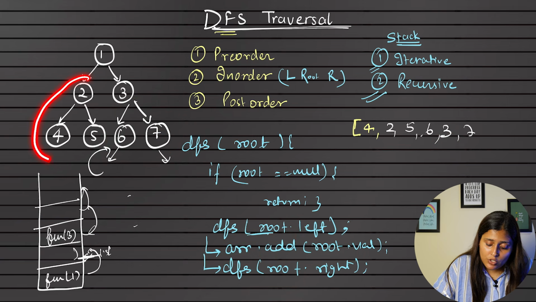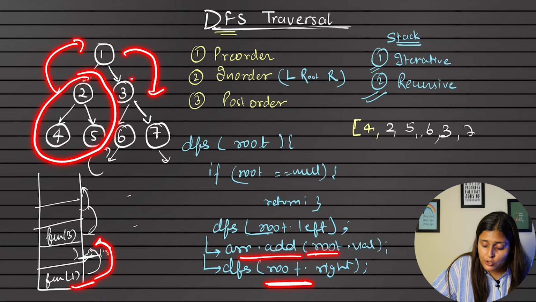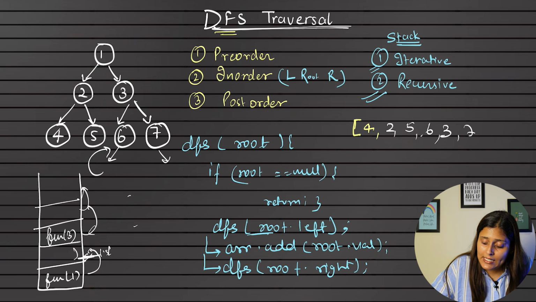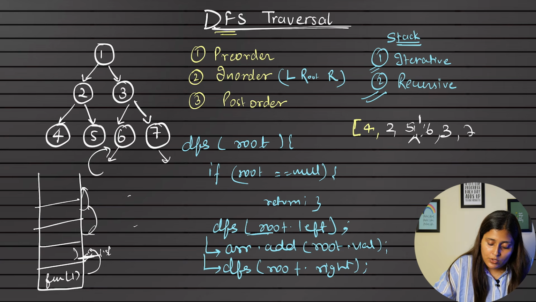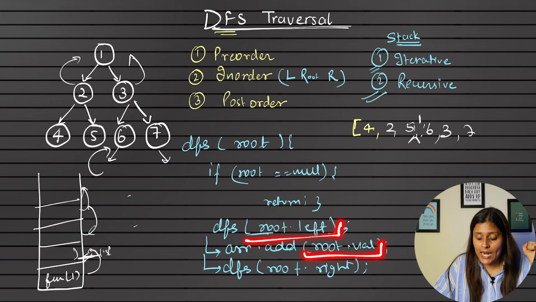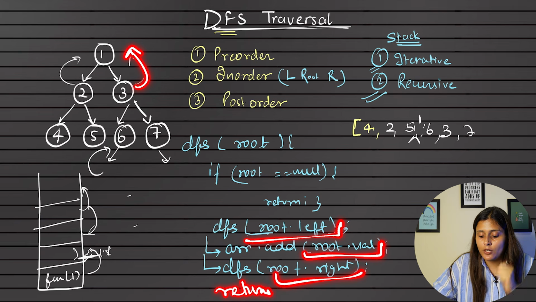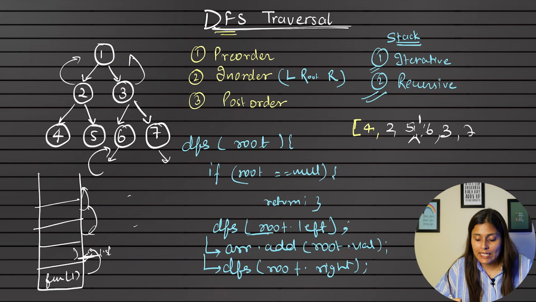And remember when this call returned and we called 1.right, before 1.right, 1 will also get inserted in the same array. So can I say before 6, 1 got inserted, correct? So at the end 3 will also get removed. Now this also has been returned, this also has been returned. So 1.left has been returned, 1 has been added, 1.right also has been returned. So at the end we will return from the main function, which is DFS.